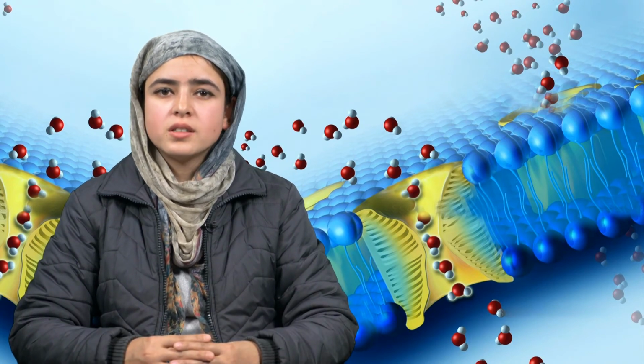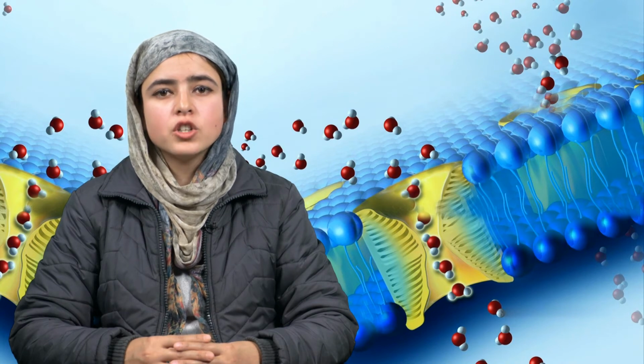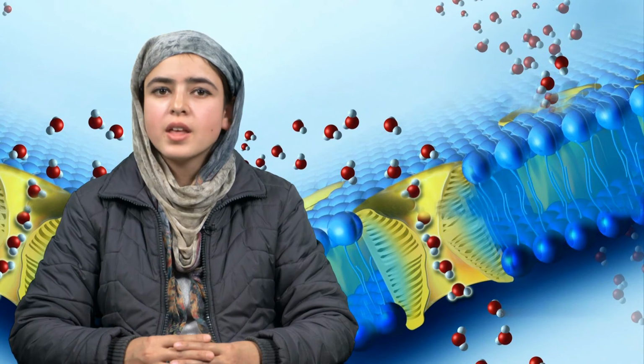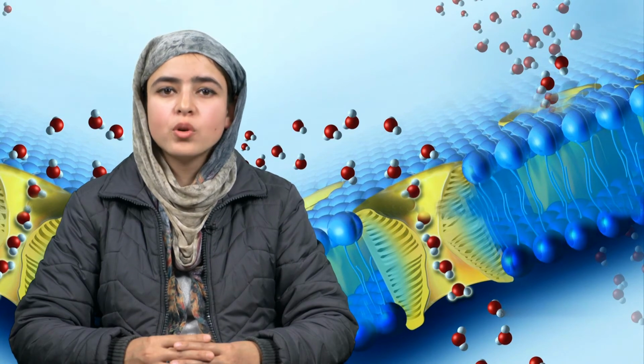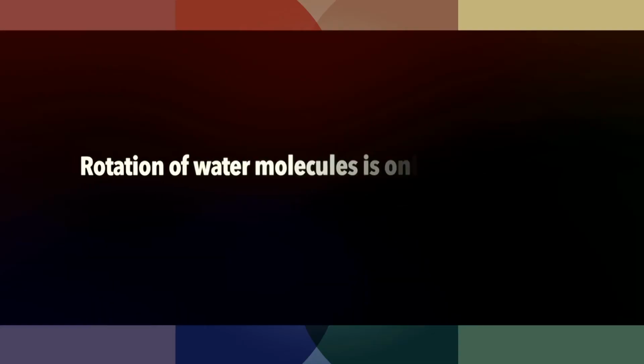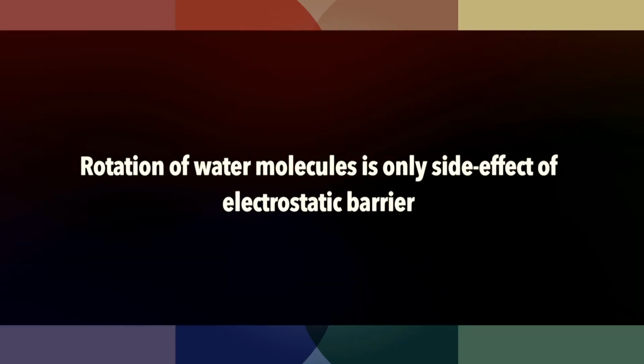More recent studies question this interpretation and emphasize an electrostatic barrier as the reason for proton blockage. In the latter view, the rotation of water molecules is only a side effect of the electrostatic barrier.